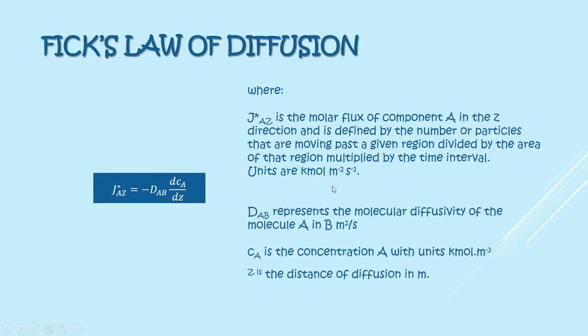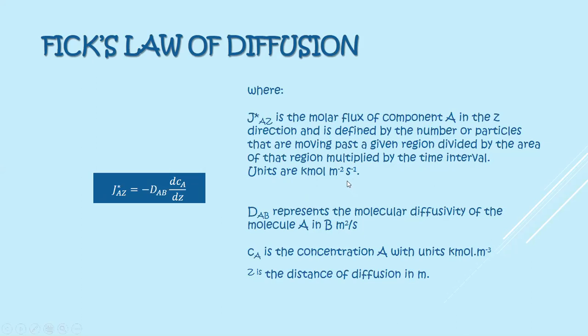As a result of this, the units for this molar flux of A in the direction of Z is kilomole per square meter per second. Why? Because it tells you of the number of particles that are moving past the region. So the number is in kilomole divided by the area of that region, that's the per meter squared, and divided by the time interval, so that would be your per second here.